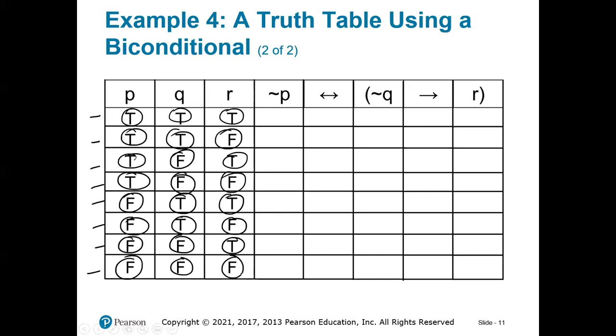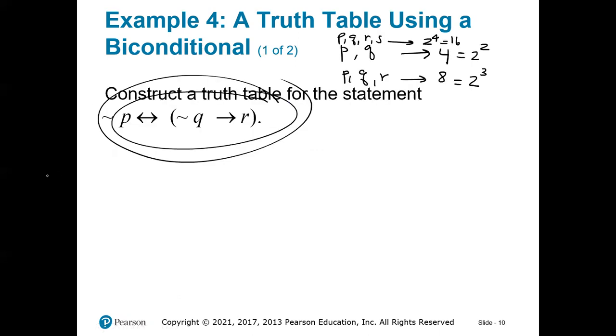So let's do this one more time. If you have 3 statements, P and Q and R, you are going to have a table of 8 rows. In the first column, put 4 T's and then 4 F's. Whatever number of rows you have, divide by 2, and you get 4 T's and 4 F's. And what happens if I have 4 statements?